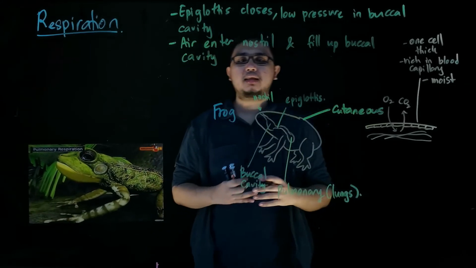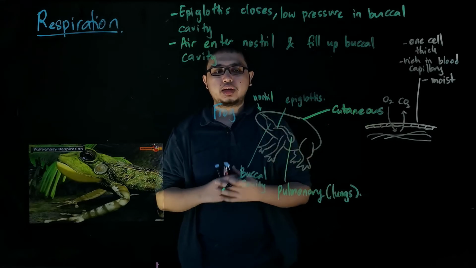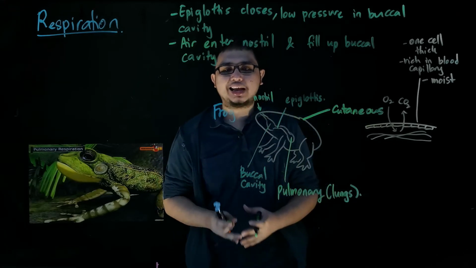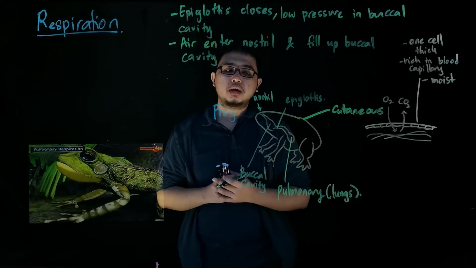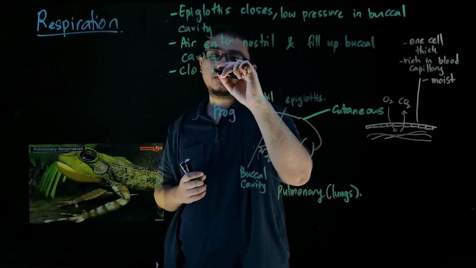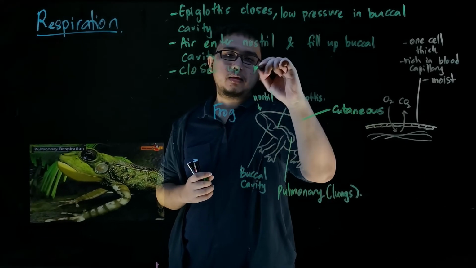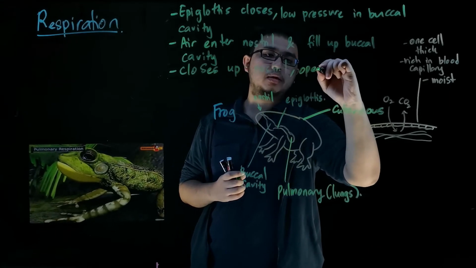So as air enters, the buccal cavity expands. This expansion of the buccal cavity allows the frog to take in a lot of air from the environment. Next, they close up the nostril and they open the epiglottis.